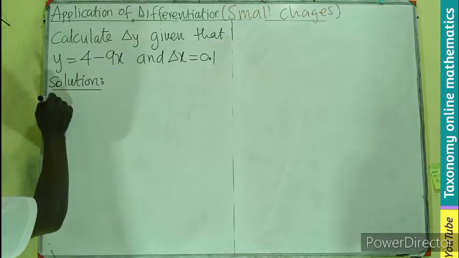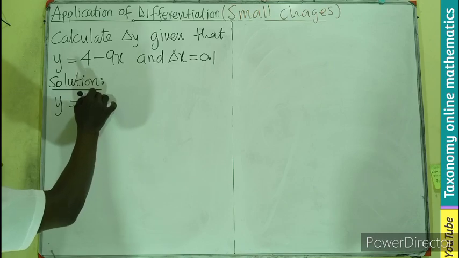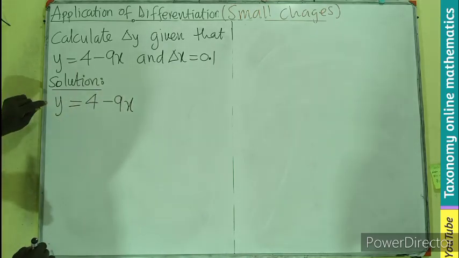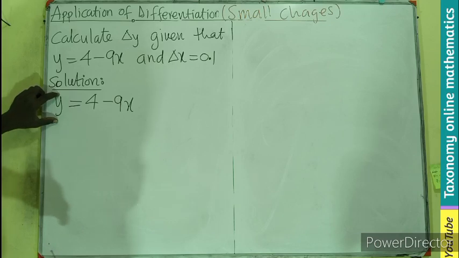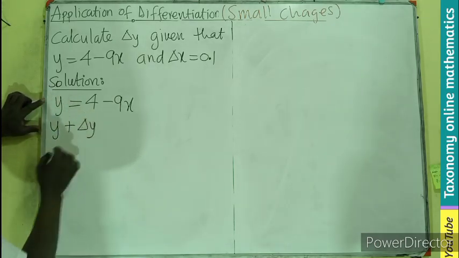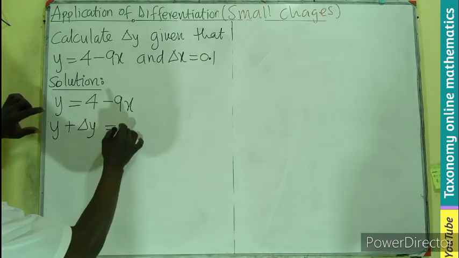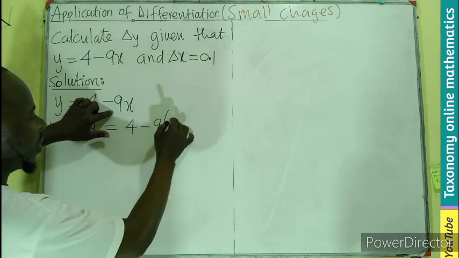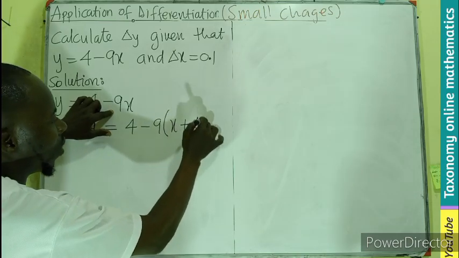So from here, if I have y equals 4 minus 9x, the small change is a change added to y. So I can say y plus that small change, that's delta y, equals 4 minus 9 into bracket x plus the small change.